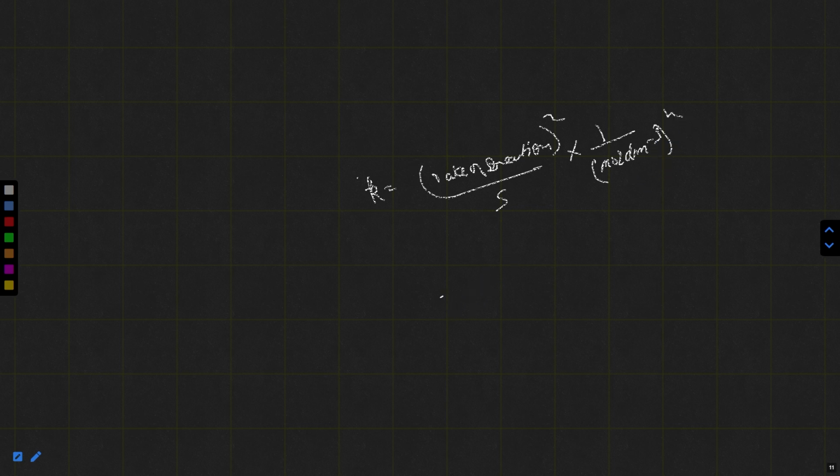Now since the concentration of reactant is raised to the power n, I will raise it to the power n.